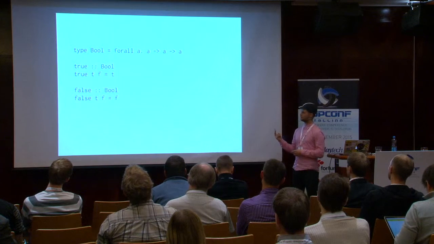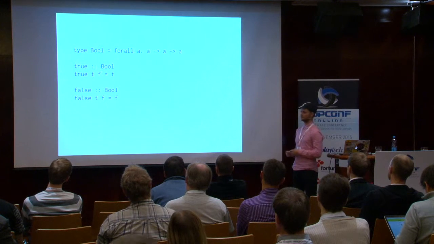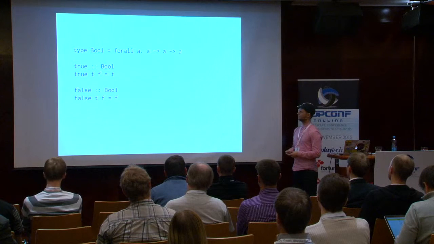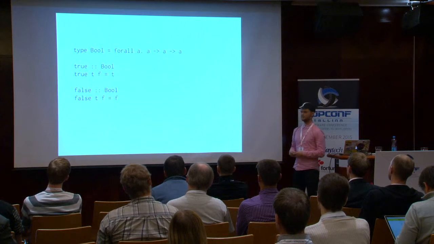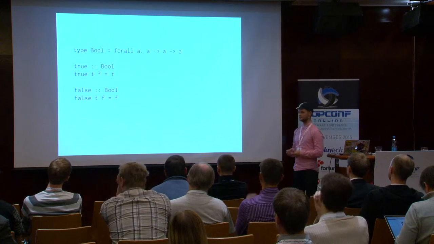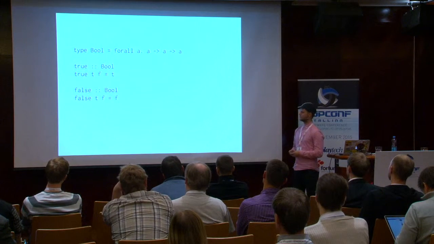And there are only two options for how to implement this function: either true, which will return your first argument, or false, which will return the second one. And there's no other way to make this kind of function without making some side effects or looking up what type that is. It's called Church encoding, and it's a kind of nice trick.